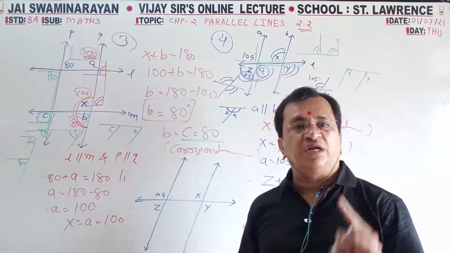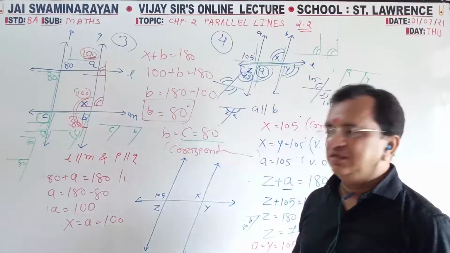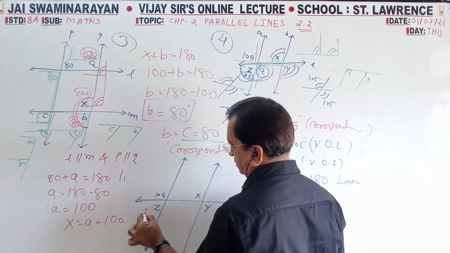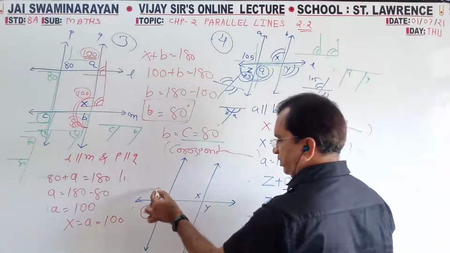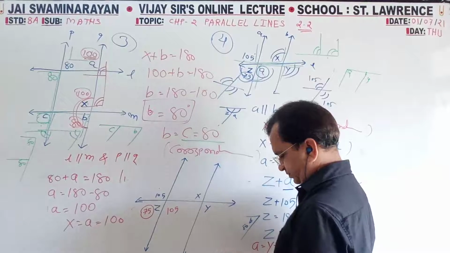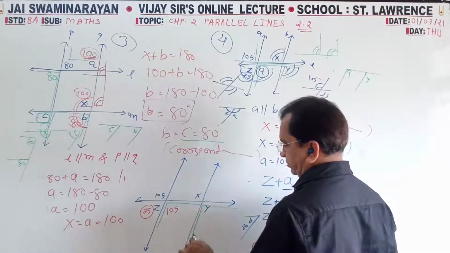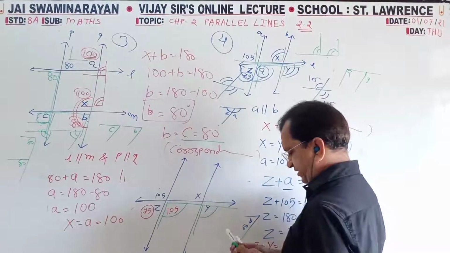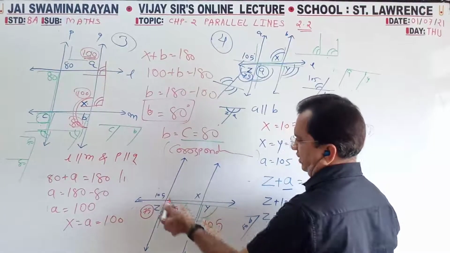So always total 180. So 105 plus how much is 180? 75. And this is 105, so this is 105, vertically opposite. And this is F. So this and this 105, so this is automatically 105. This is 105, so vertically opposite.